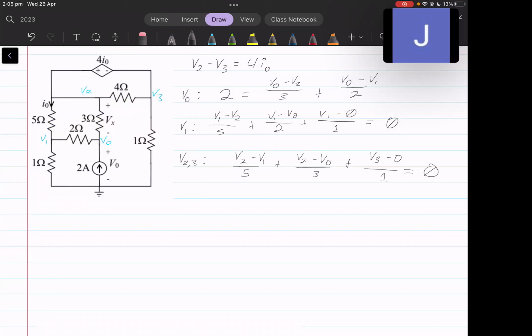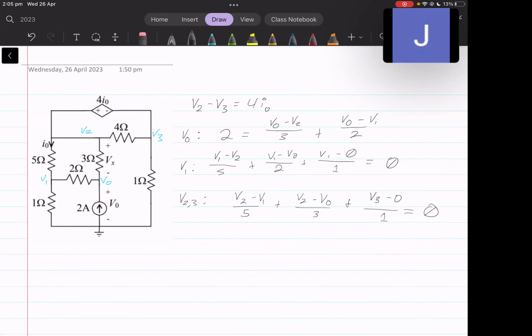So does everyone understand so far what's happening? Okay, cool. So question from online with 4I0. Well, we know I0 is just the current through the 5 ohm resistor.